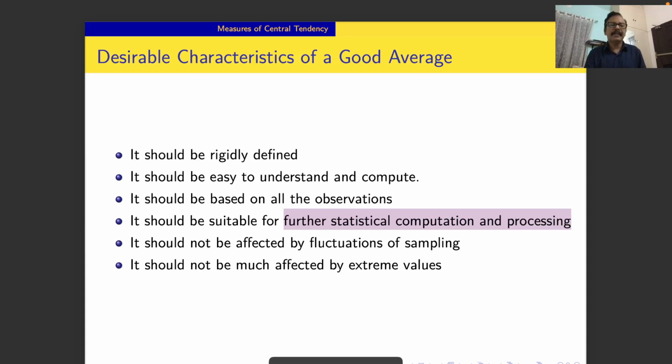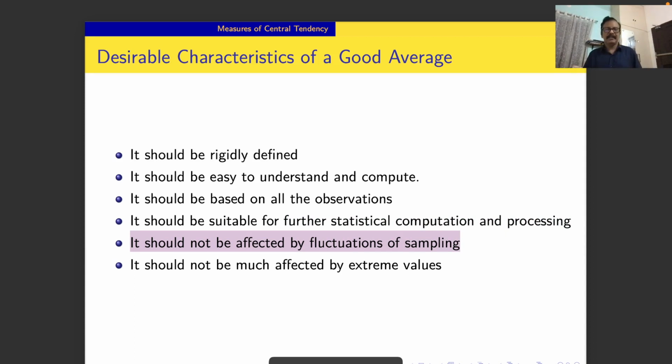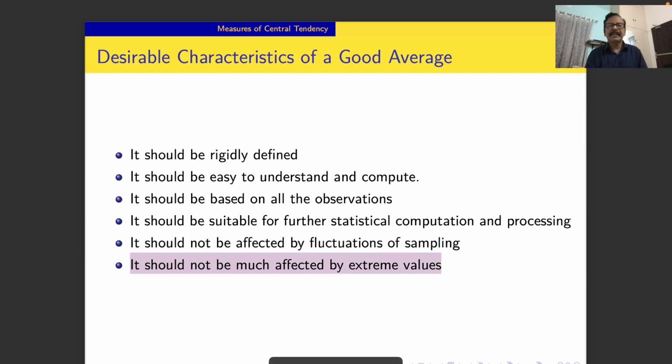Another two important aspects: it should not be affected by fluctuations of sampling. While we are collecting data, there are different fluctuations of sampling through sample surveys, etc. It should not be much affected by fluctuations of sampling. Also, it should not be much affected by extreme values, which we sometimes call outliers.